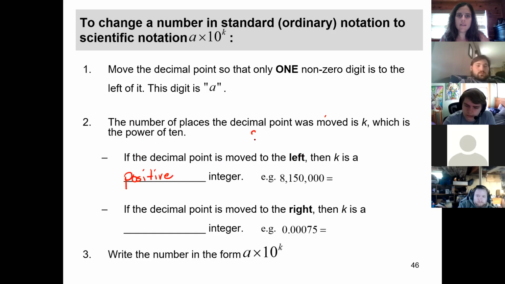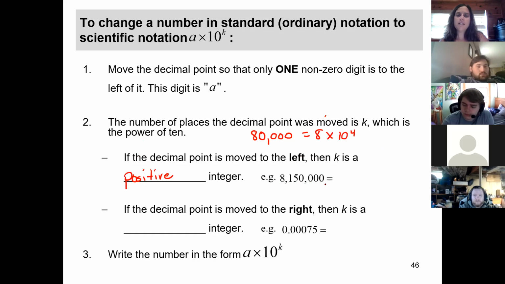So let's do an example of 80,000. If I did 80,000, I'd have to move the decimal place 4 places to the left. 2, 3, 4. So it had 8 times 10 to the 4th. In that case, I have an example of 8,150,000.